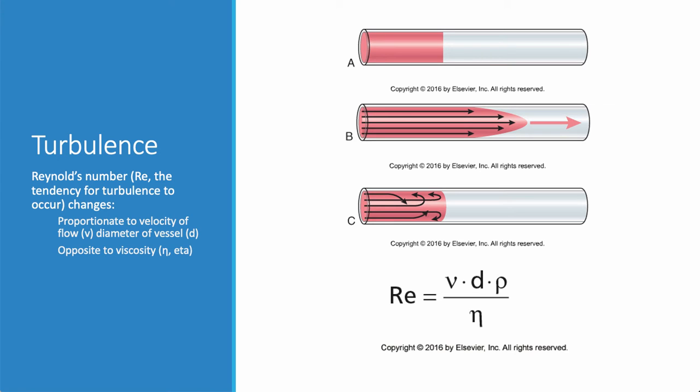Now, let's talk about turbulence of blood flow. We all like to think that blood just flows through the vessels without any turbulence whatsoever, and that's just not the way that normal blood flow works. Physiologists and engineers and people like that use Reynolds number, or RE, as the tendency for turbulence to occur.